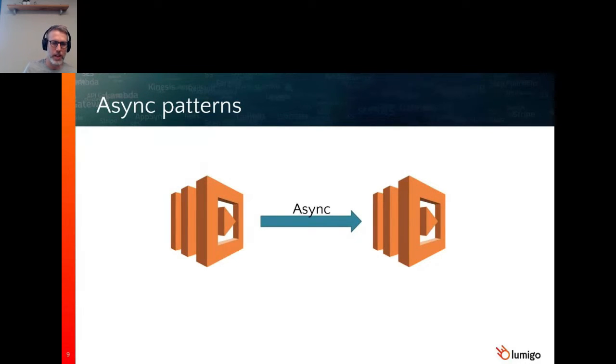So the most basic one is, for example, if you have two lambdas, one lambda calling the other asynchronously. You have these examples, but the more common example is when you actually have something between the two computes, between the two lambdas.